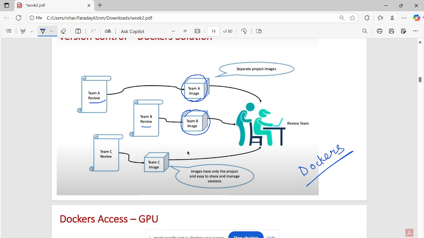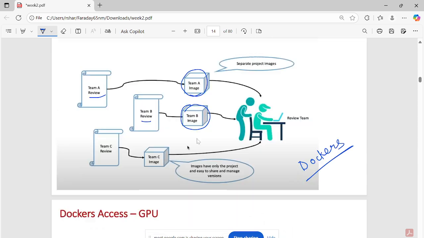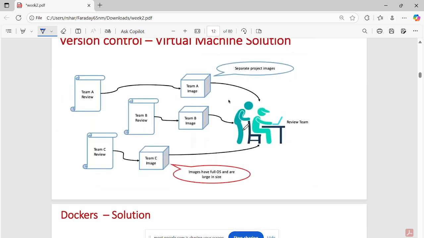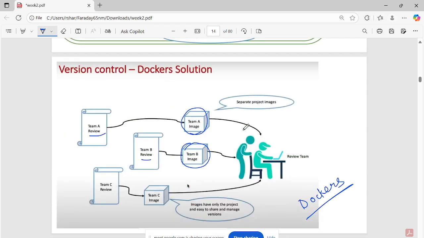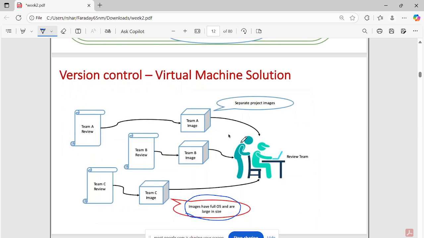So that will be a disadvantage. So the Docker solution. Images with full size will be larger. So the solution we set is Docker.